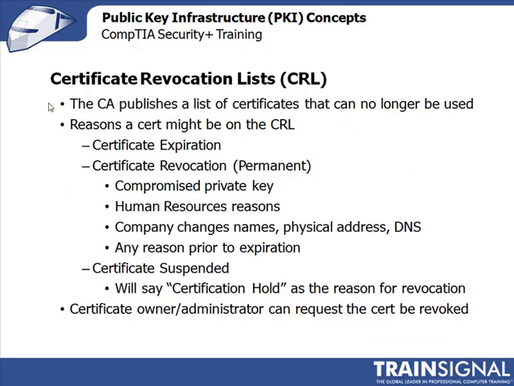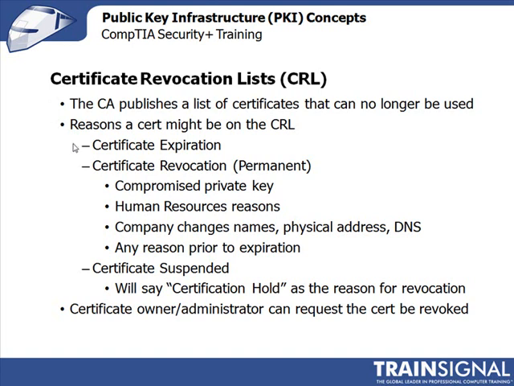To keep track of certs that can no longer be used, the CA maintains certificate revocation lists. The CRL is published hourly or daily, really often, and the CA sends the list to anyone that subscribes to it and makes it available to anyone that requests it. Some reasons a cert might be on the CRL?